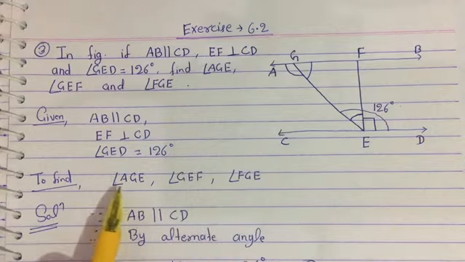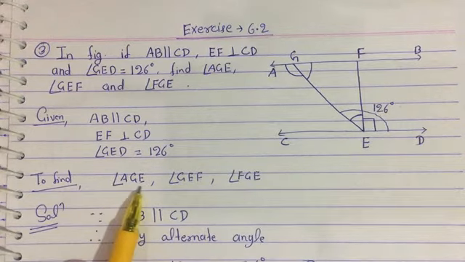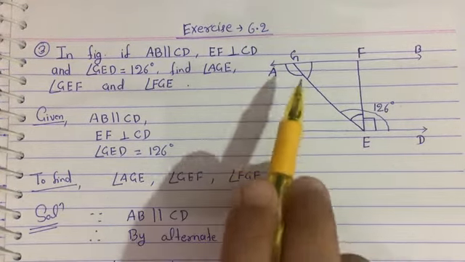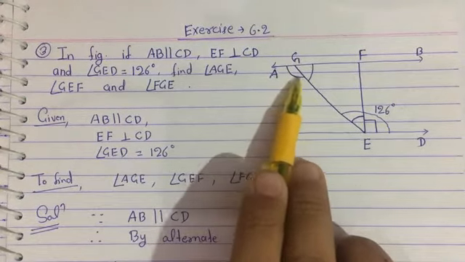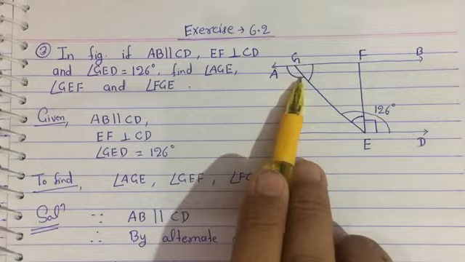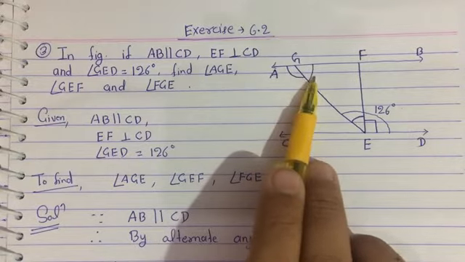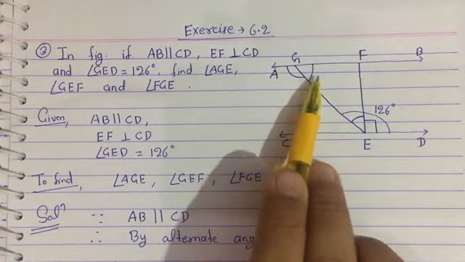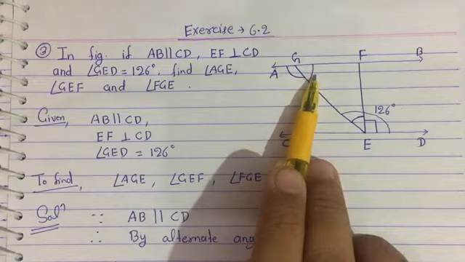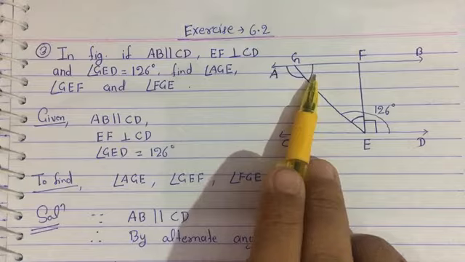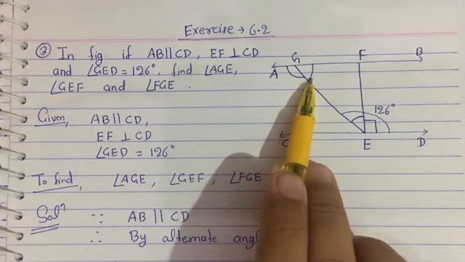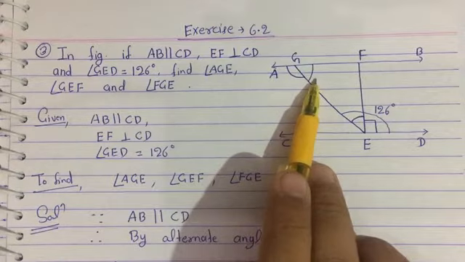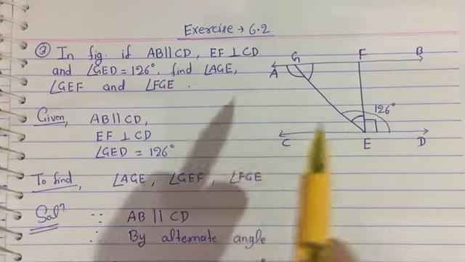Now the first thing is you have to find angle AGE. Look here, this angle AGE is related with this angle by linear pair. But you don't know this angle, so the relation of this and this is not fruitful for you. Look for another relation.